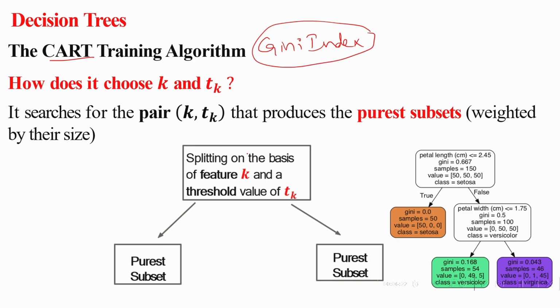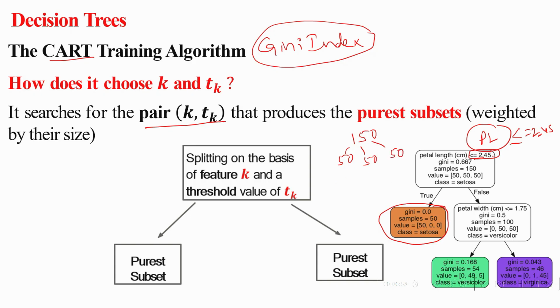Here, you are going to use the pair K comma Tk that produces the purest subset. For example, petal length less than or equal to 2.45. If this condition is satisfied, all the elements belong to the same class. Out of 150 elements, 50 are setosa, 50 are versicolor, and 50 are virginica.